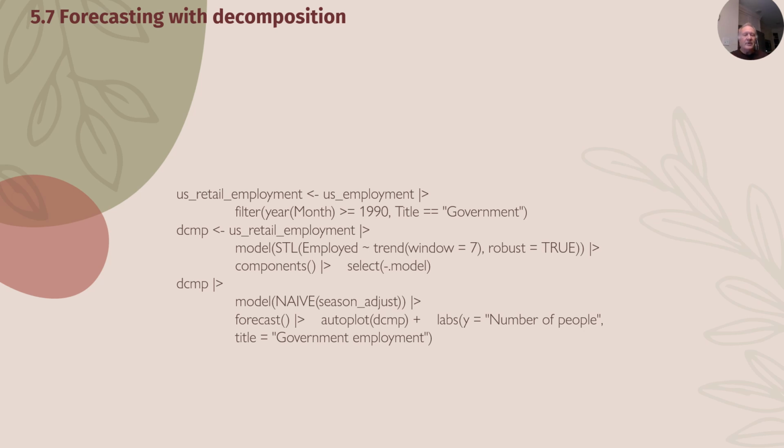So for example, if we look at the US employment data, I'm going to look at how many people are employed by the government. We can go ahead and decompose it into its three parts, and then we'll come up with the naive seasonally adjusted forecast and autoplot it and look at the number of people that are employed by the government.